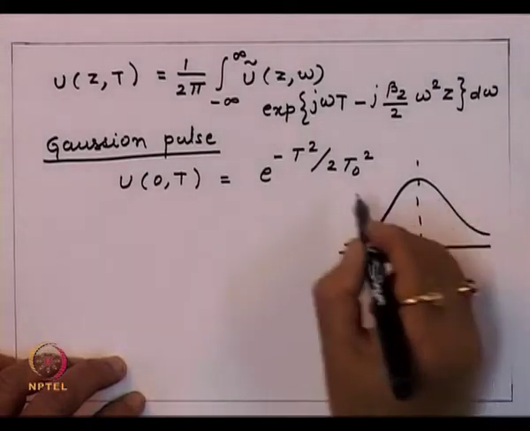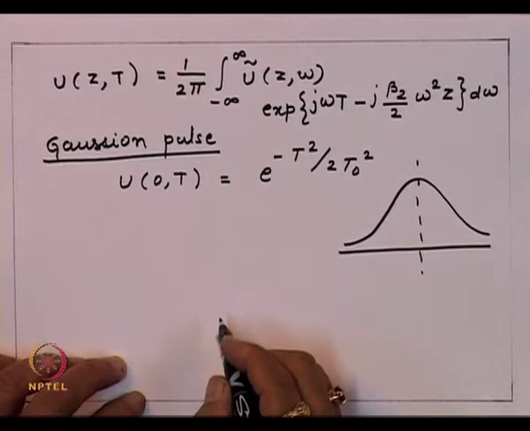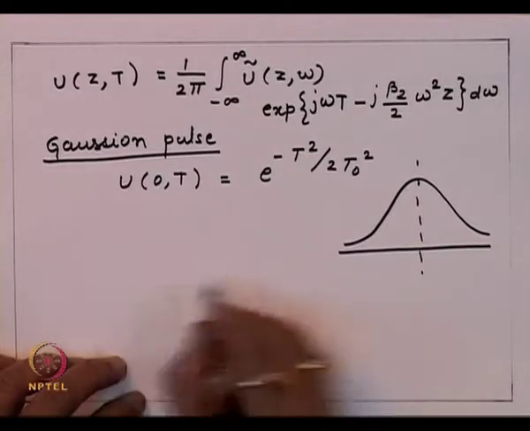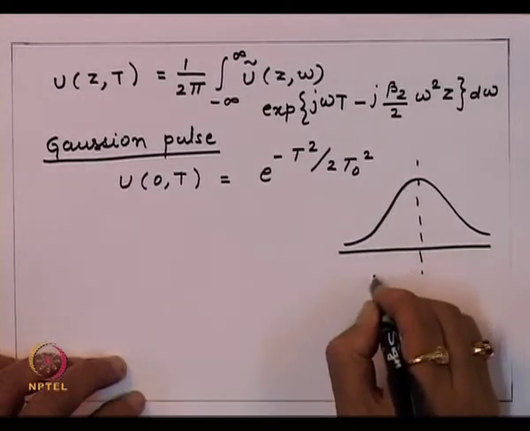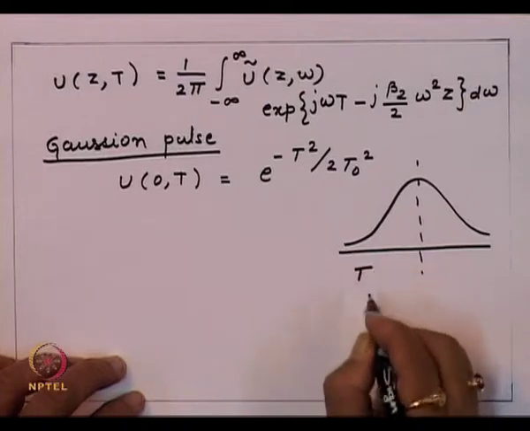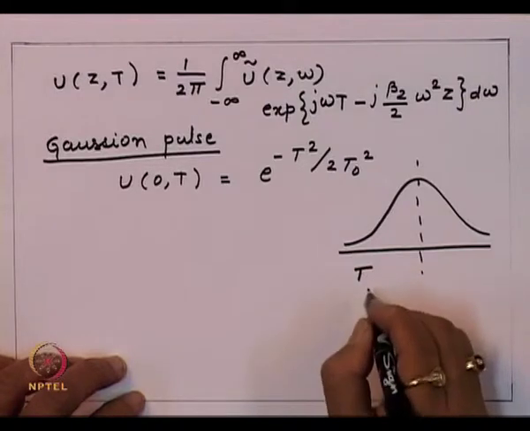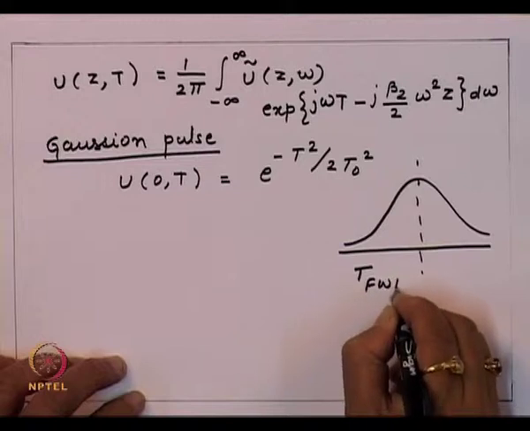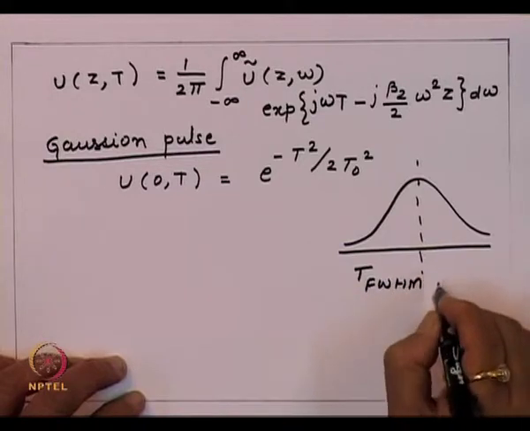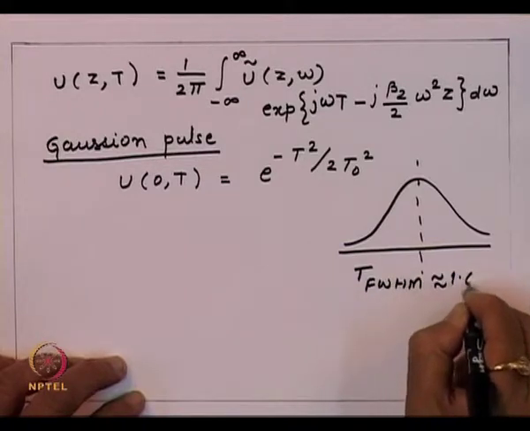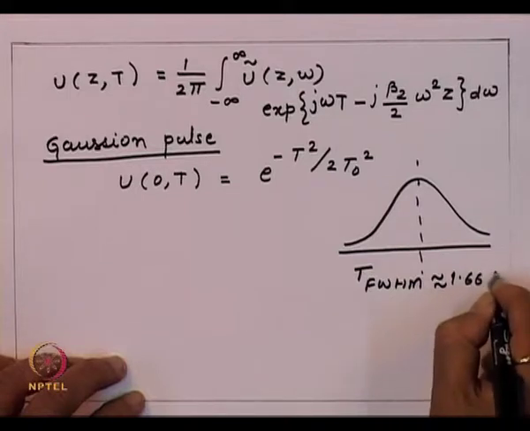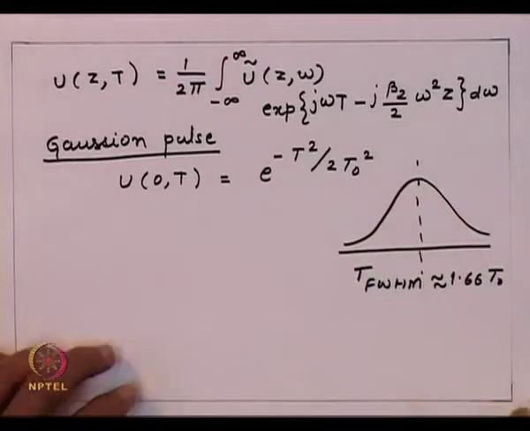So, sigma for this pulse is given by this t naught. The full width half maximum is approximately 1.66 times this quantity t 0.